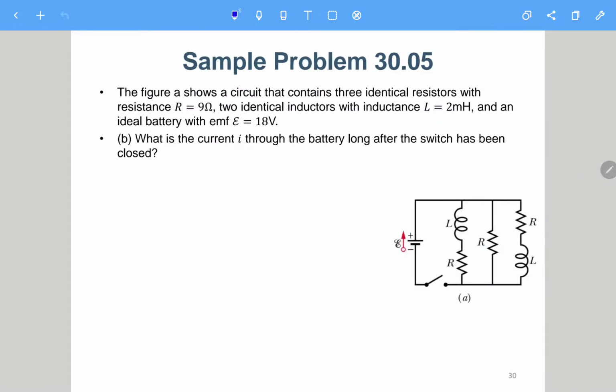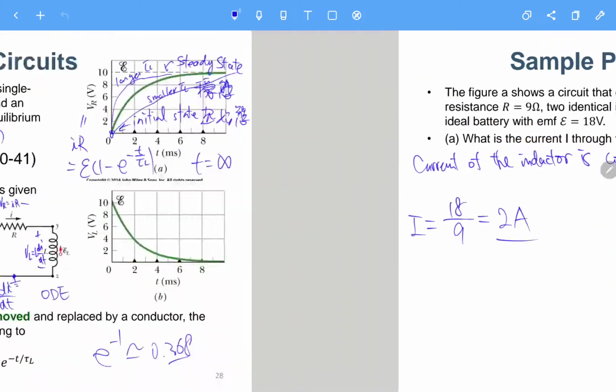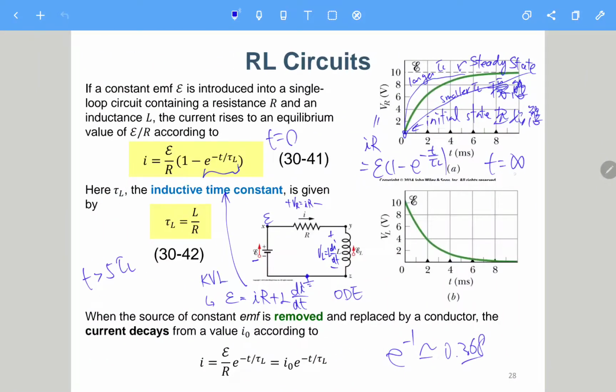Okay, so for the next one, what is the current going through the battery long after the switch has been closed, which means that you can regard it as t tends to infinity. When t tends to infinity, VL will be 0.